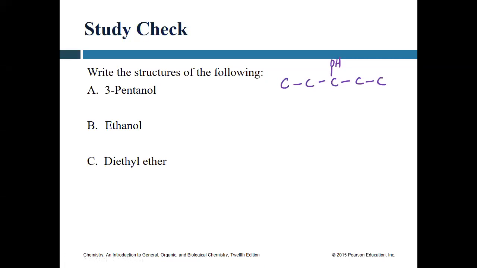Everything else is hydrogen. So let's see, I've got a carbon here, so that's CH3. Nothing else here, CH2, 1, 2, 3, CH, CH2, CH3. So that would be my expanded structural formula.